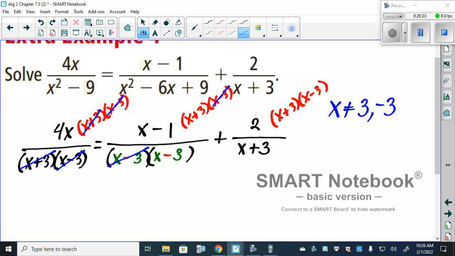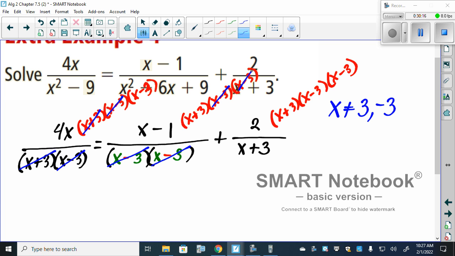Do I still have one left over? Because how many x minus 3s do I have in the middle term? So how many do I need to multiply with? 2. Because I need x minus 3 to occur twice, because this is the first time we actually had it appear twice. So if any of the spots it occurs twice, we need it to occur twice, because we have to add it to all three.